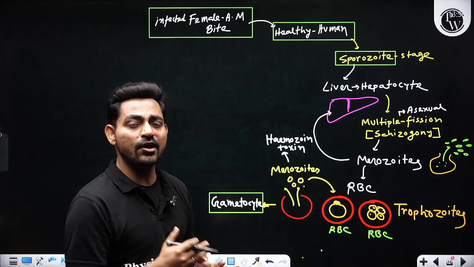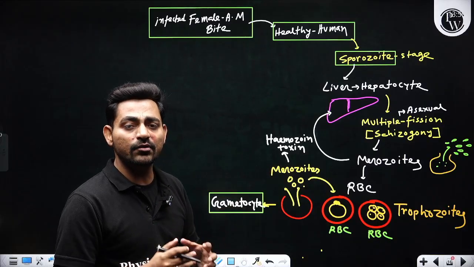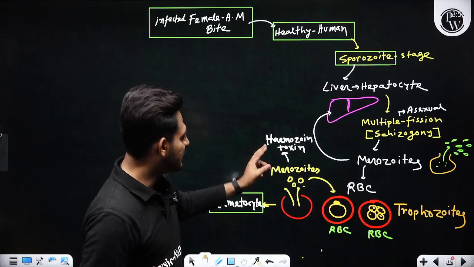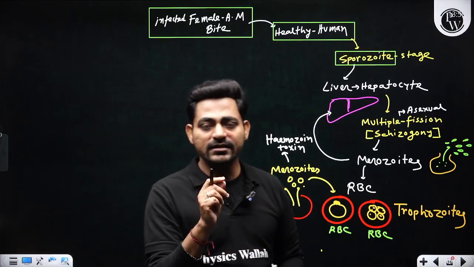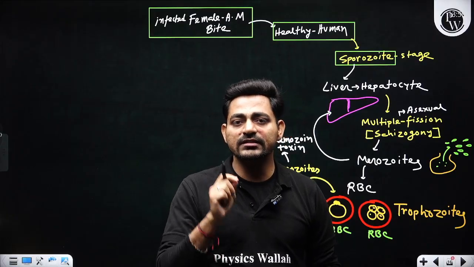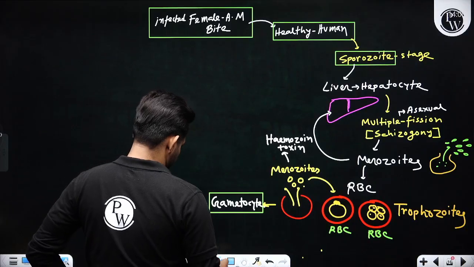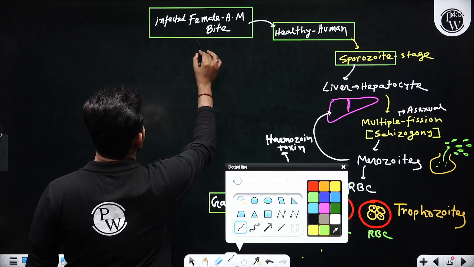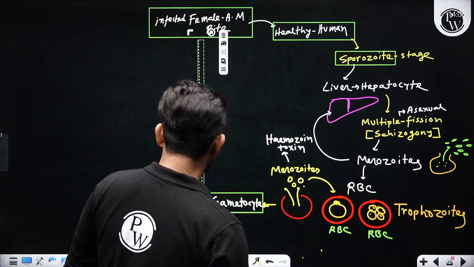Basically, that is the excreta of those merozoites, right? When they were feeding on hemoglobin inside the RBC, they produced and excreted the toxin called hemozoin, and that is the responsible entity inside our blood that causes the chill and the fever. Okay, so this was all about the stages of Plasmodium in humans.